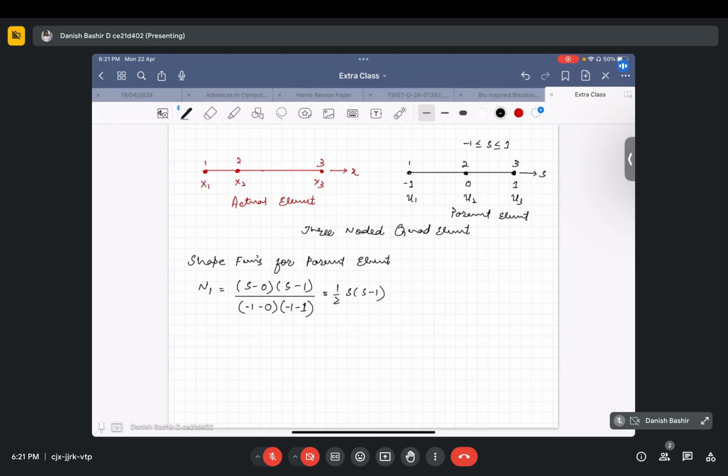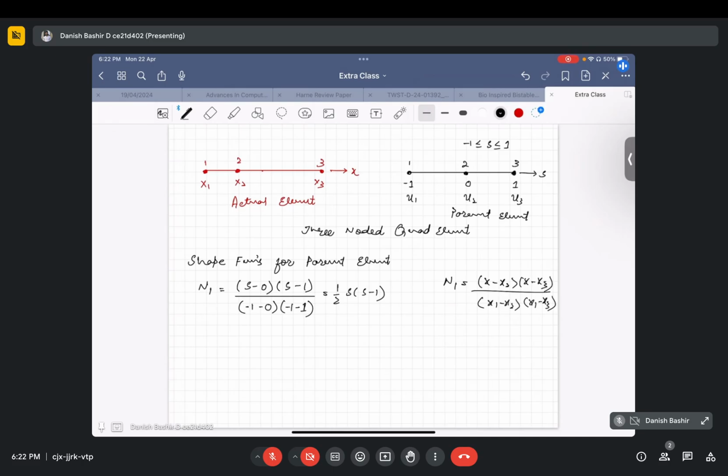Similarly, because this is Lagrange interpolation, Ni of x is simply the product over the other nodes of x minus xj divided by xi minus xj. For N1 we wrote x minus x2, x minus x3 over x1 minus x2, x1 minus x3.